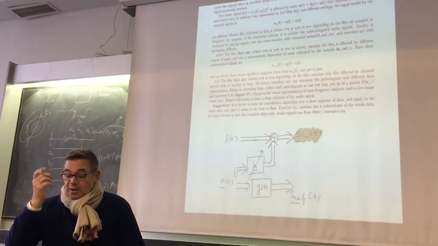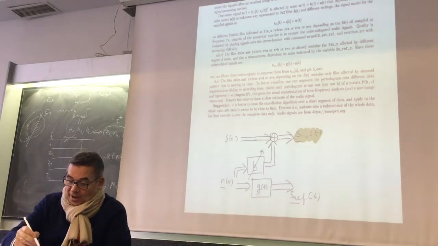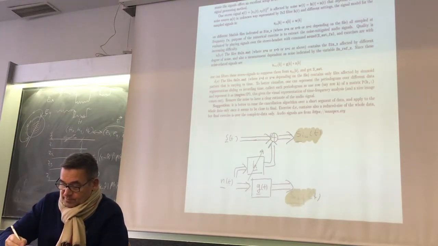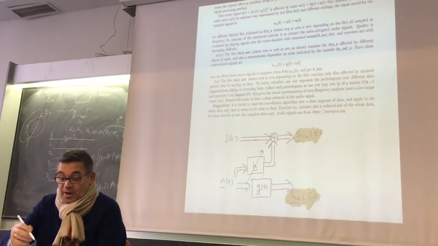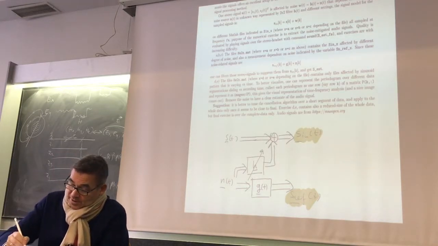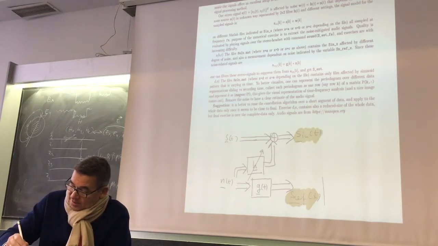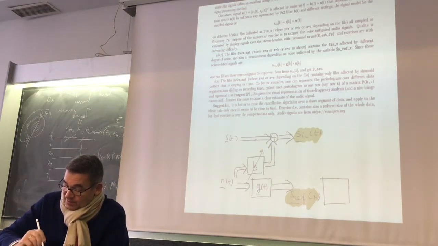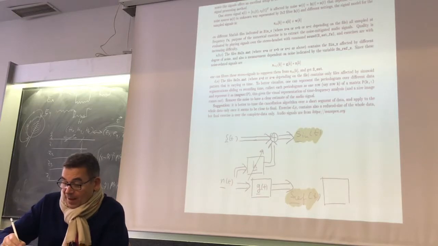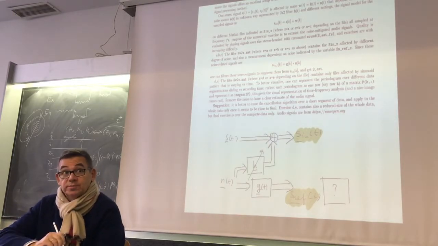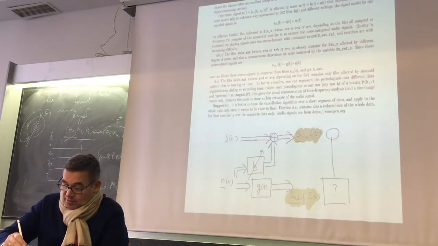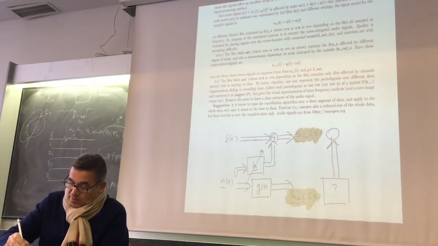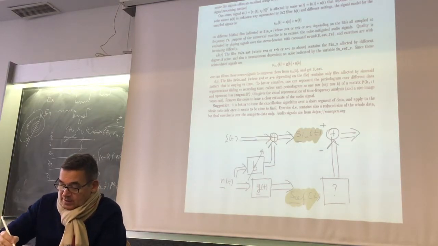Now what I need to do: I don't give you the filter, I don't give you G. So what you have to do is essentially to take this SR, filter it by a filter that you don't know. After filtering, you need to remove it with respect to SN. And this is the error.